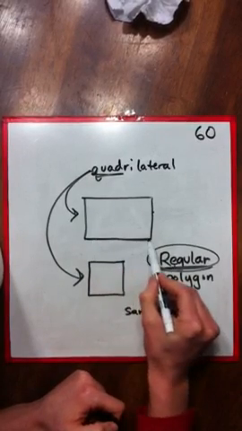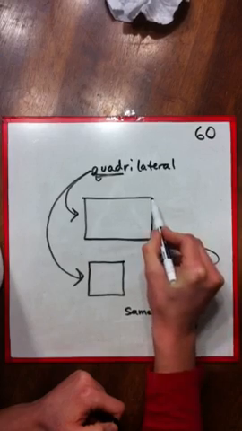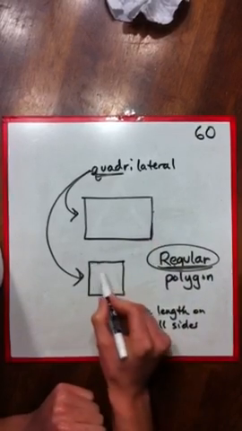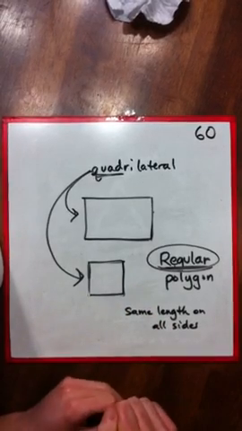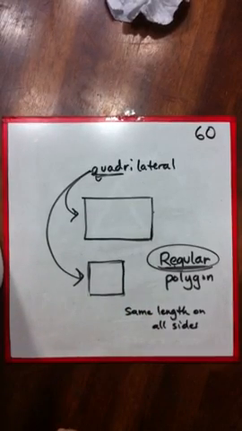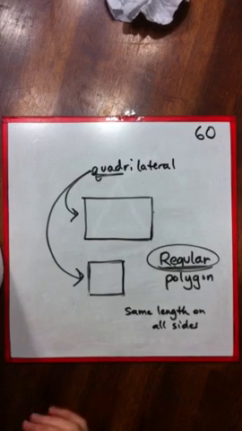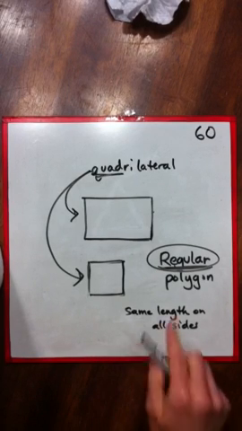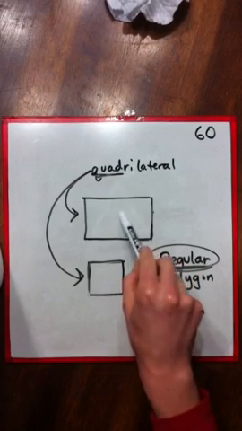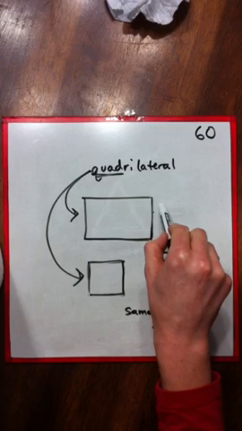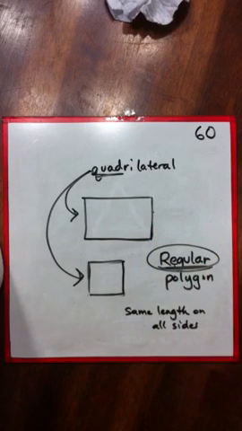No, because this side is longer than this side. Do you see that? But this square, all 4 sides have the same length. Therefore, it is called a regular polygon. So a square is a regular quadrilateral. But this rectangle is longer on one side than the other sides. Therefore, it is not a regular quadrilateral.